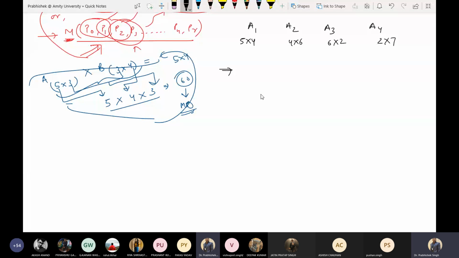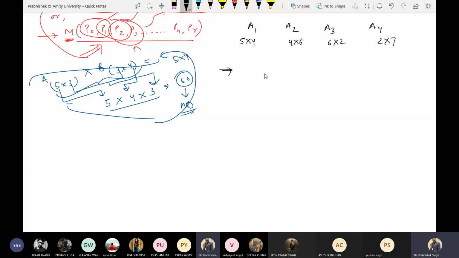While doing so, what is the sequence of multiplication? To calculate the sequence, you have to take the pair that gives you the minimum cost. Now the question is, which pair are you going to take first?